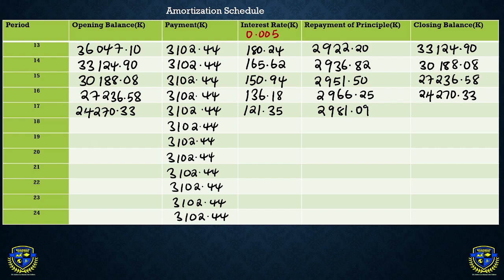2,981.09, subtracting it from the 24,270.33, it's going to give us a 21,289.24. That becomes your opening balance of 21,289.24.